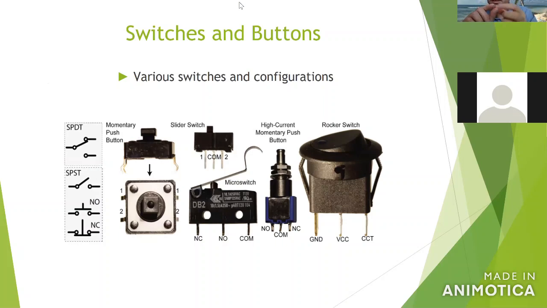This is a small button, and you see, it has 4 legs. It's just a push button. When you push the button, 2 legs will be shorted. If you don't push the button, those 2 legs will be open. You can insert the button into a breadboard, and that way you can make your own circuit.